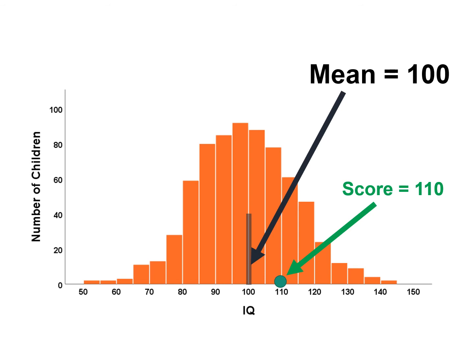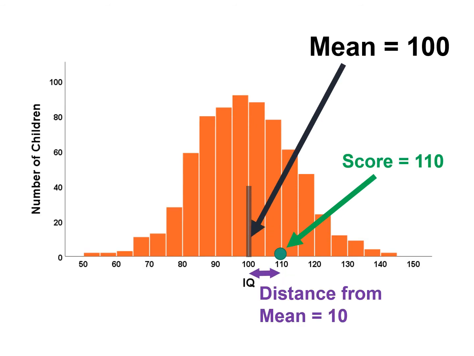Let's say that a child has an IQ of 110 marked by this green dot. The child's IQ is 10 points away from the mean. That is, if you measured from the mean, which is 100, to the child's IQ score of 110, the distance between these 2 points is 10 units. We say that the distance from the mean for this child's IQ is 10.